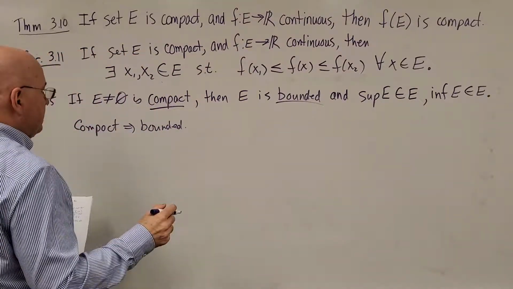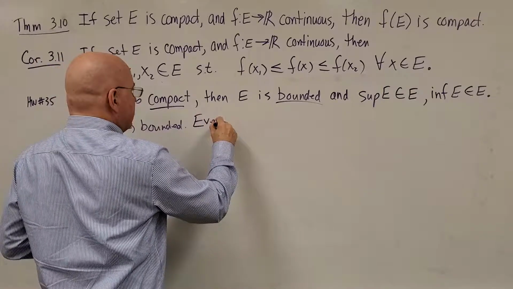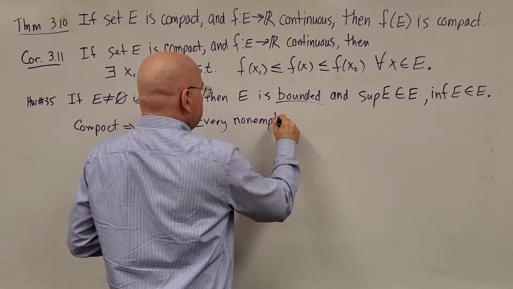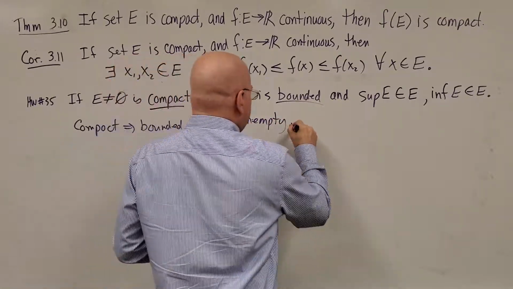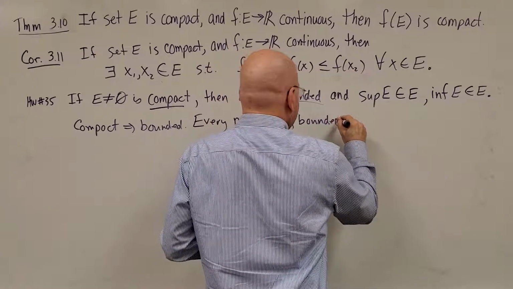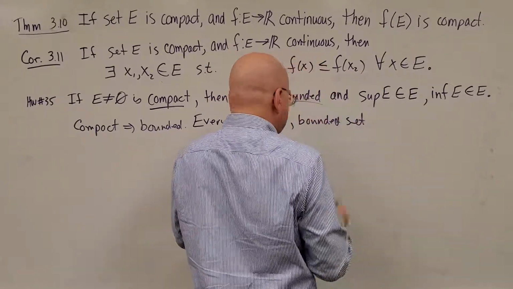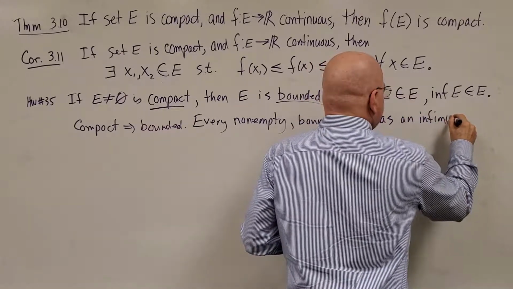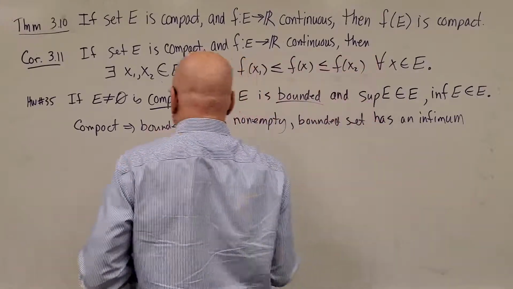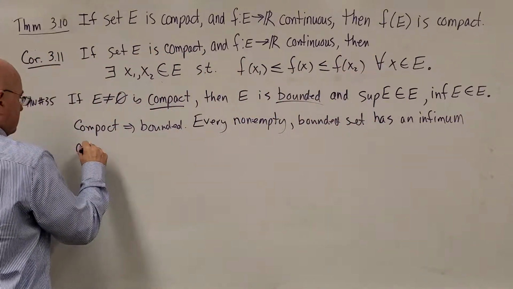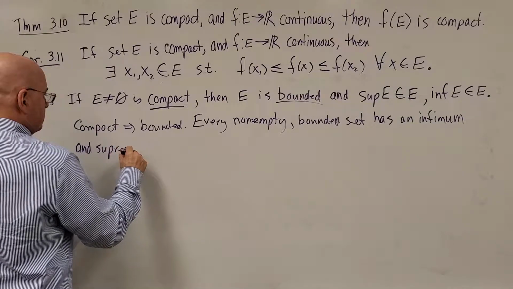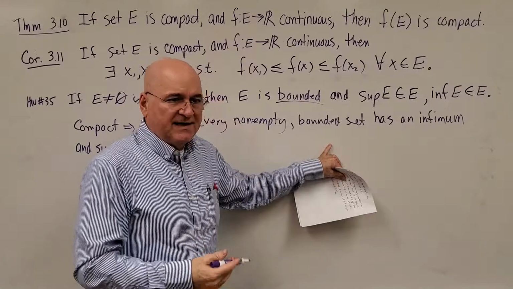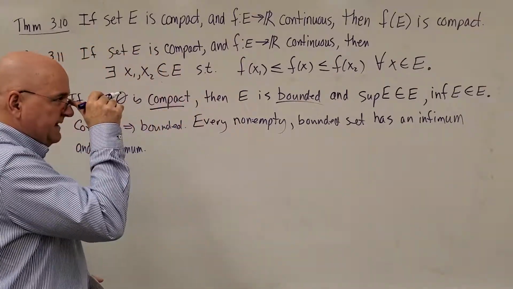Okay, going back to chapter 0, I believe, every non-empty, bounded set has an infimum and supremum. Doesn't matter what the set is, as long as it's not the empty set and it's bounded, it has a greatest lower bound and a least upper bound.